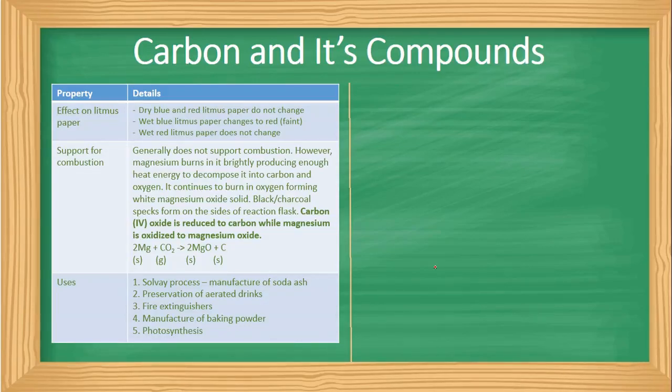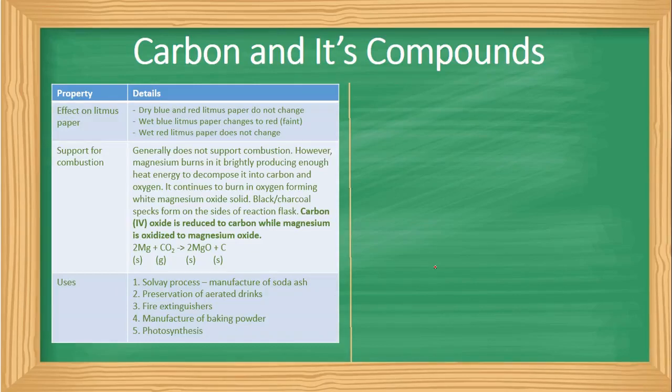Now, in terms of support for combustion, carbon 4 oxide generally does not support combustion. However, magnesium, because of the way it is exothermic in its burning, burns with a lot of brightness, producing enough heat to decompose the carbon 4 oxide into carbon and oxygen. And now the oxygen that is generated from that decomposition continues to burn the magnesium to form magnesium oxide, which is white.